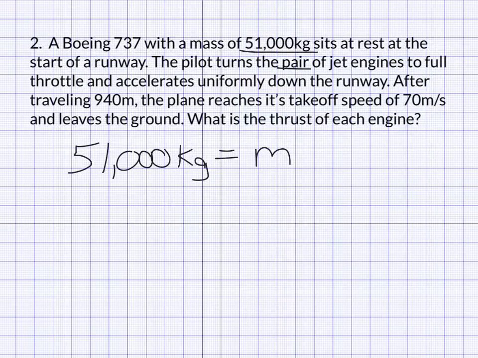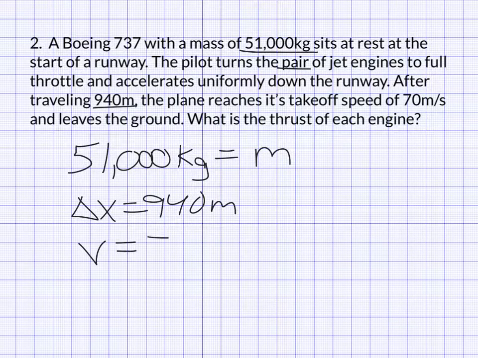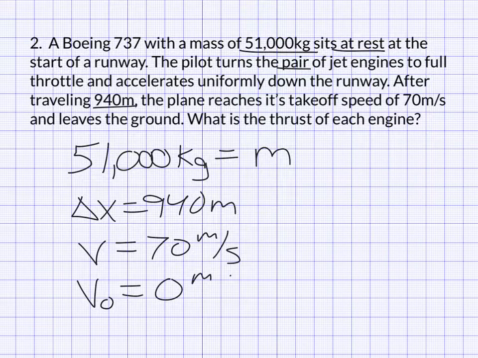It travels a distance of 940 meters. That's a delta x. So delta x is 940 meters. Reaches its takeoff speed of 70 meters per second. So that's a v final of 70 meters per second. And this one does clarify at the beginning that it starts at rest. So we will say that v naught is 0 meters per second.